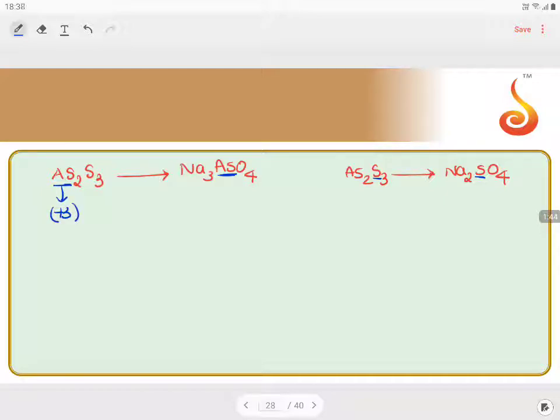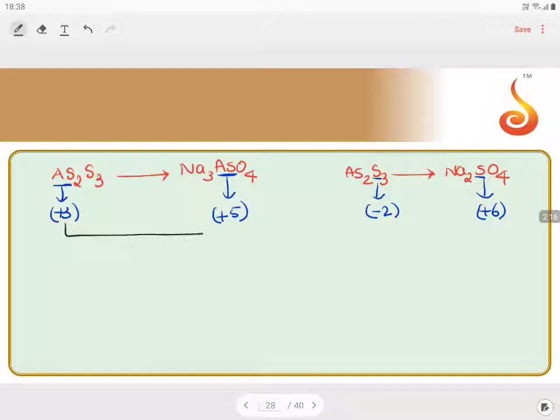It is moving from +3 oxidation state to +5 oxidation state. Now sulfur in this case is moving from -2 oxidation state to +6 oxidation state.